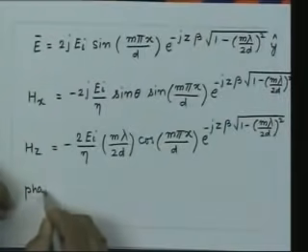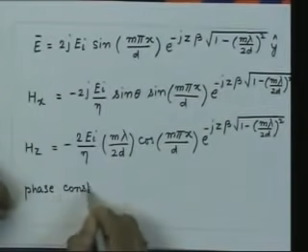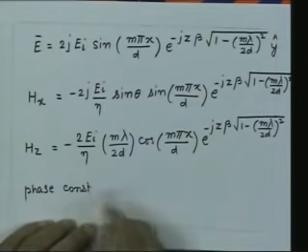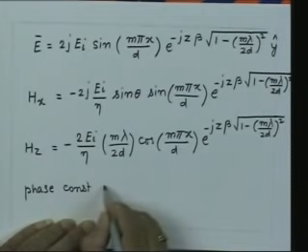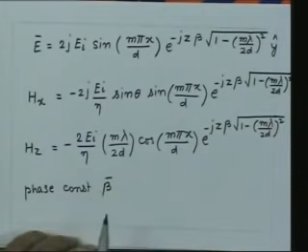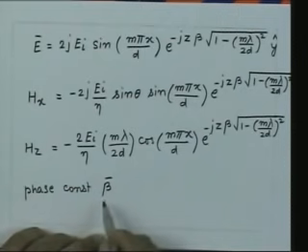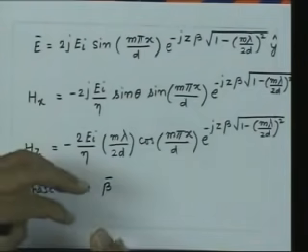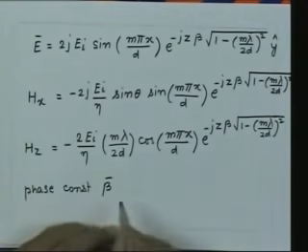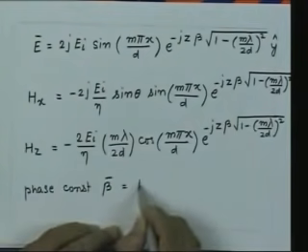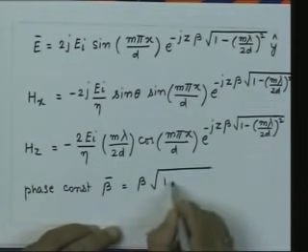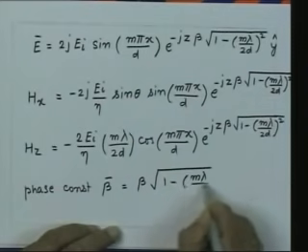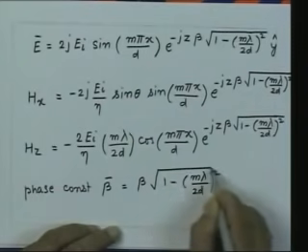So, for the phase constant for the mode, normally it is represented as beta z. Let me just put it as some beta bar, where beta bar gives me the propagation constant of the modal fields along the boundaries, and this quantity is nothing but beta into square root of 1 minus (m lambda upon 2d) whole square.